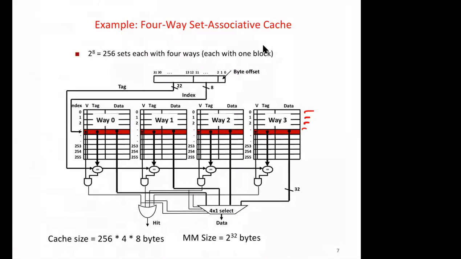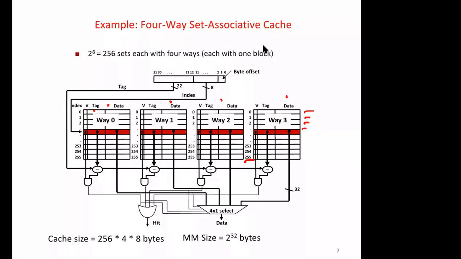There are 256 sets, and each set will have four blocks: block 1, block 2, block 3, block 4, and each block has tag bits and a validity bit. The rest of the diagram is the same.